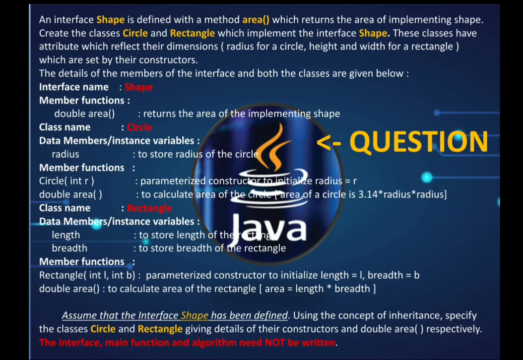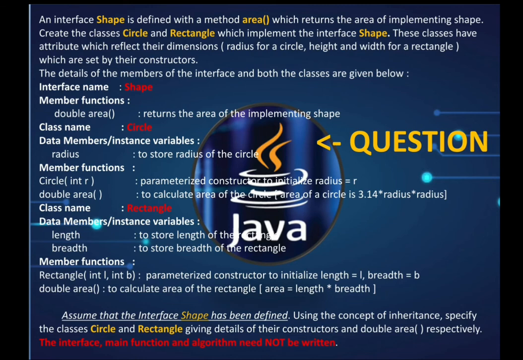An interface shape is defined with a method area which returns the area of the implementing shape. Create the classes circle and rectangle which implement interface shape. Means we have to inherit the shape interface in classes circle and rectangle.